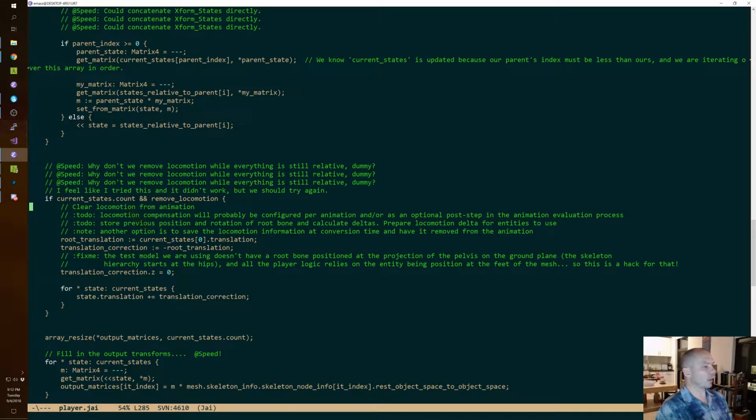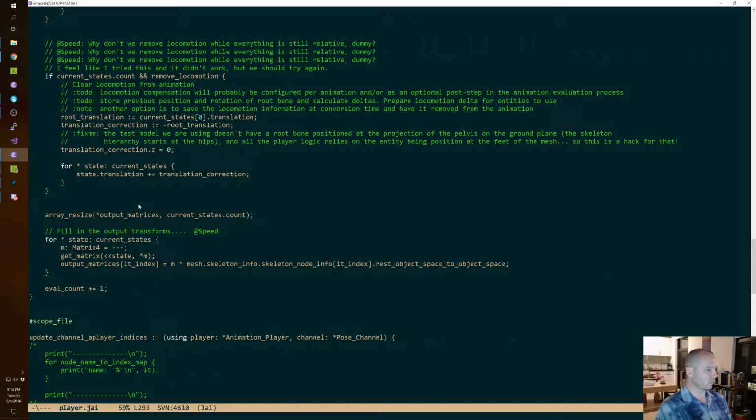So because we're not doing this early, everybody has the translation added in because we just transformed, we put all the parent on, and so we have to do the translation correction to everybody. That's fine. Oh, I guess it's the z coordinate thing. Yeah, it would take a little bit more to compute this correctly, but we could.